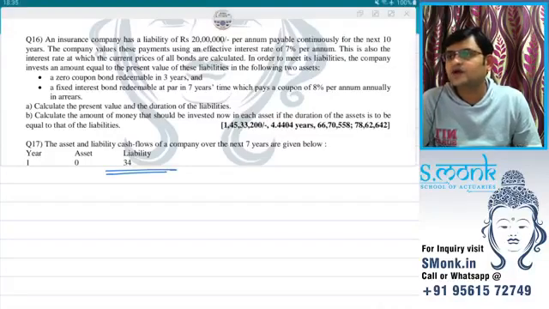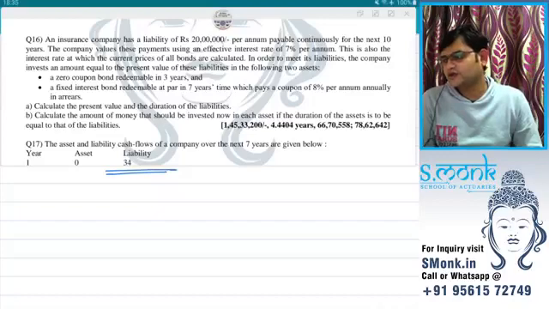Okay. In order to meet its liability, the company invests an amount equal to the present value of these liabilities in the following two assets. We have zero coupon bond in 3 years time and a fixed interest bond redeemable at par in 7 years time, which pays a coupon of 8% per annum annually in arrears. Calculate the present value and the duration of the liabilities.